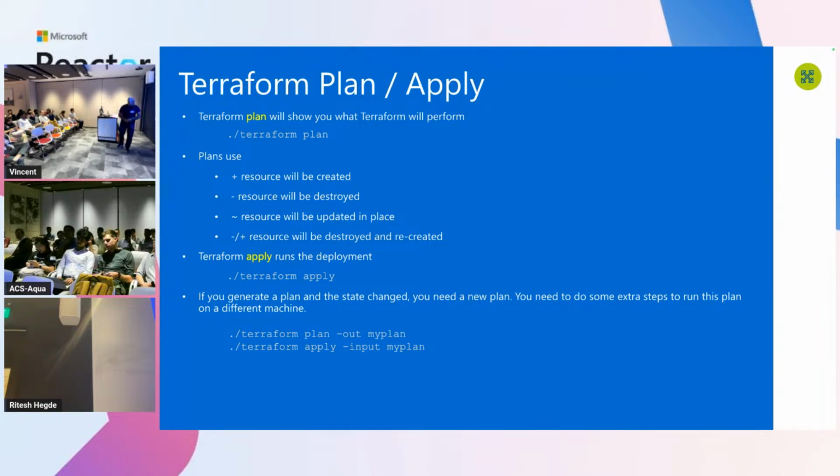Right, I need to check more about it. I'll get back to you on this. But I believe if you are running it on a different machine, then you need to have some extra steps to run it. I am not sure about it. I'll get back to you on that.